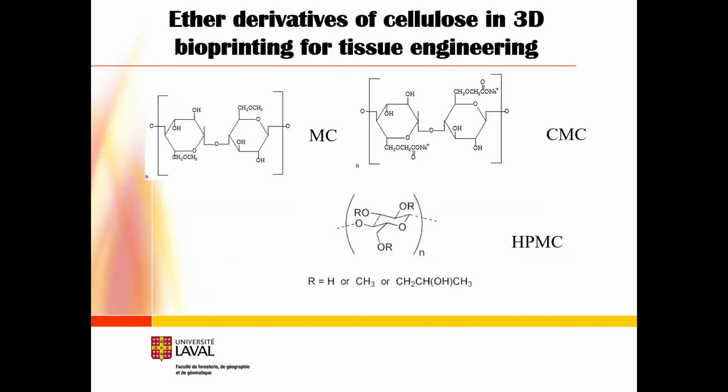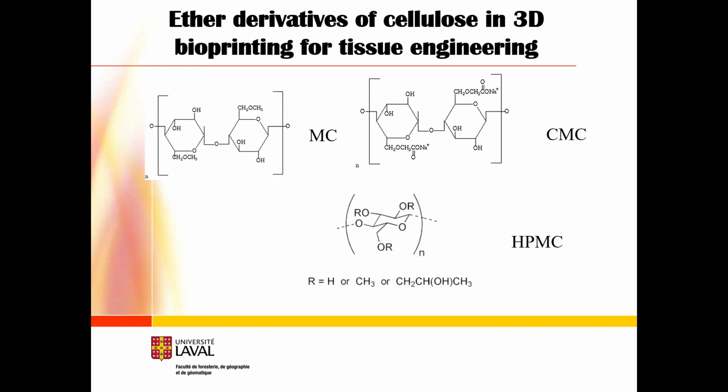Then we have a group of cellulose derivatives. I forgot to say, but the nanocellulose and nanofibrillated cellulose are mainly obtained by intervention on the supramolecular structure, while the cellulose derivatives are really changing the molecular structure of cellulose by substitution of its hydroxyl groups, its alcohol hydroxyl groups by different agents.